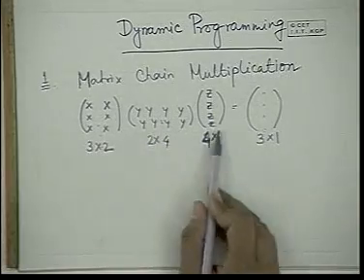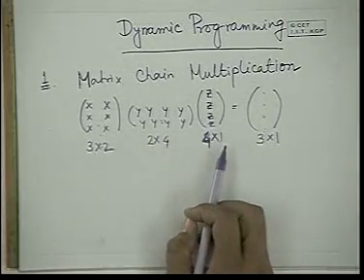So in this case, the problem is to minimize the number of multiplications to get the solution. The number of multiplications is the one which we are going to optimize. What is the best possible way to multiply these matrices such that the number of multiplications is minimum? And that's definitely a very valid criterion, because multiplications require some time.